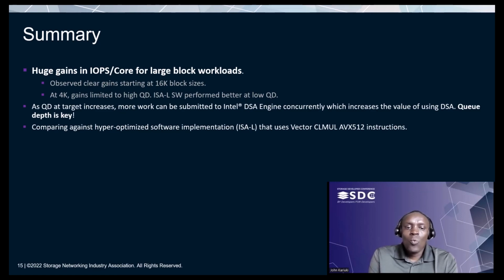So if you are doing the CRC32C computation in software today, and you're not using the latest and greatest version of ISA-L, you might actually get a little bit more mileage than what we showed you in this presentation.